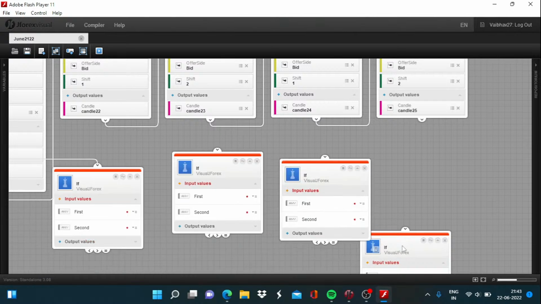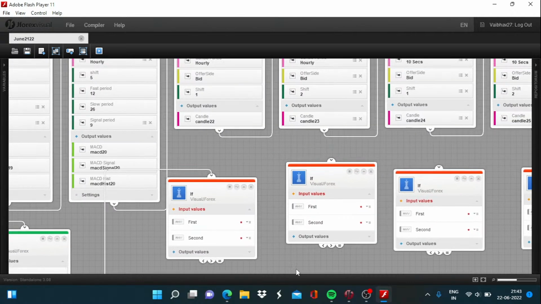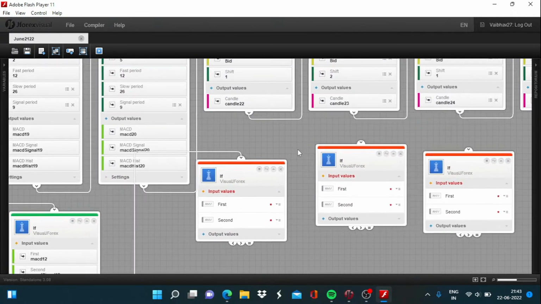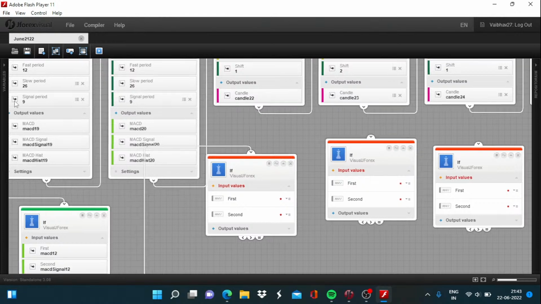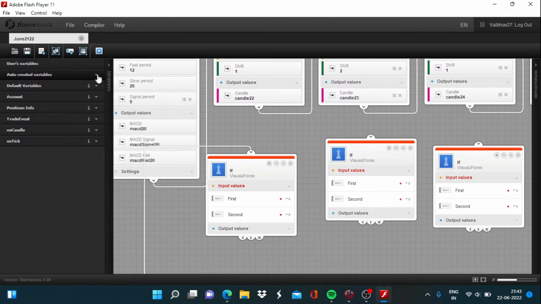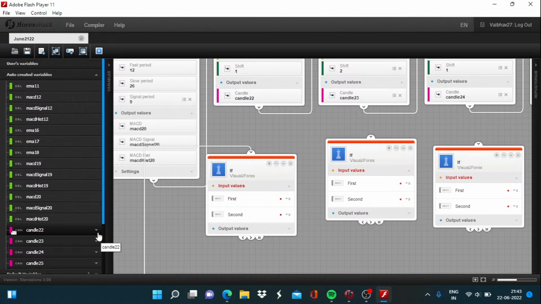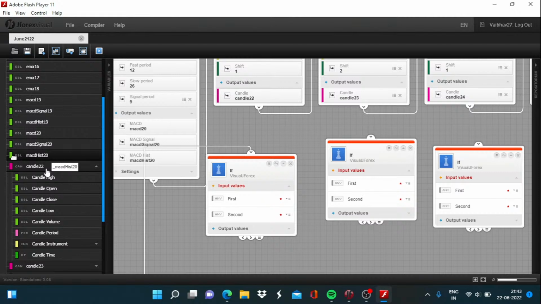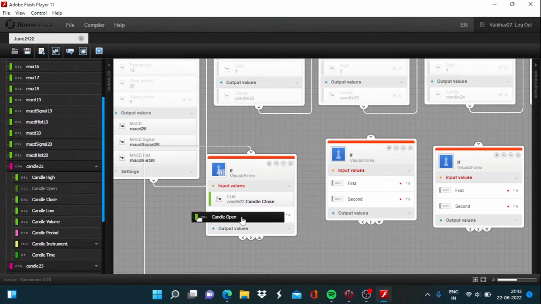First, candle 20 second is the last 1 hourly candle. Candle 20 second candle close greater than candle 20 second candle open.